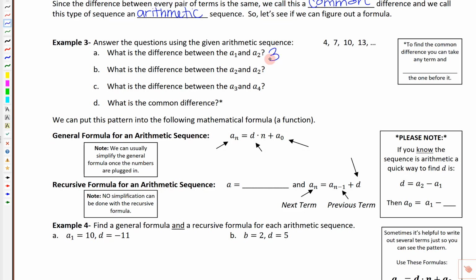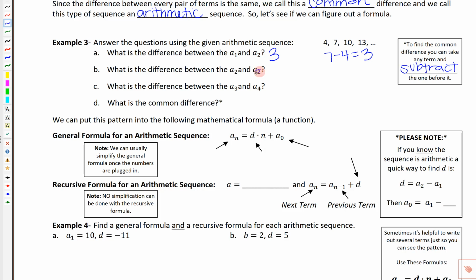If you are not so great at doing that, especially on some of the more difficult ones, to find the common difference, you can take any term and subtract the one before it. So we could say, okay, the second term is 7, minus the term before it, and we still get our common difference of 3.